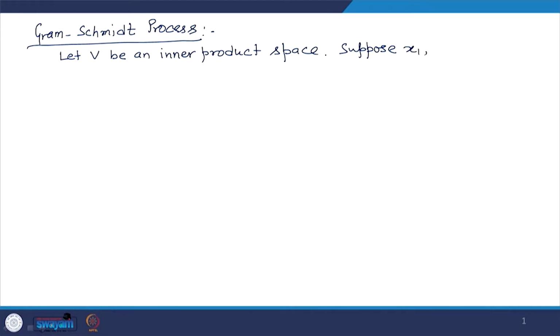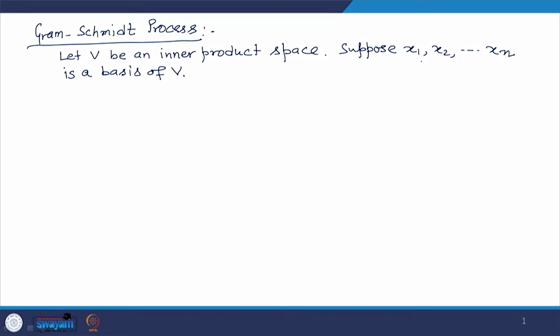Suppose x1, x2, ..., xn is a basis of V. So, these are vectors in V and they form a basis of V.